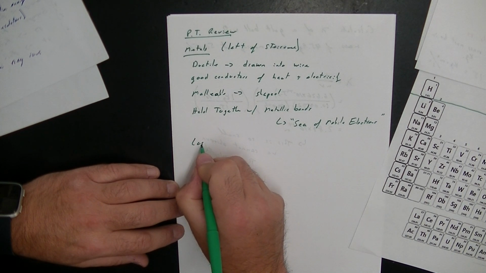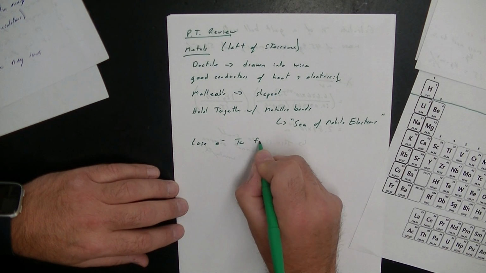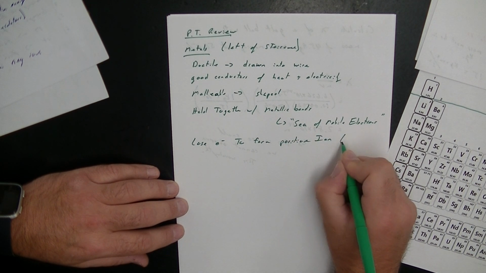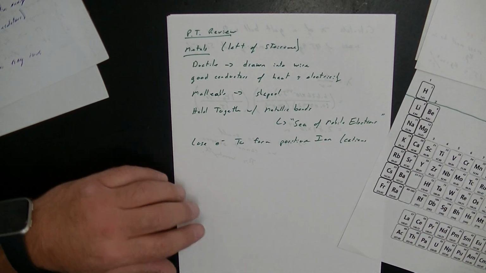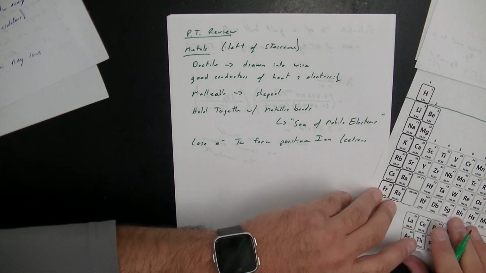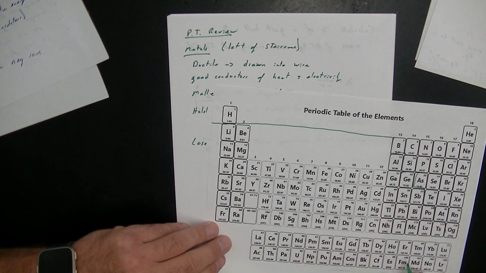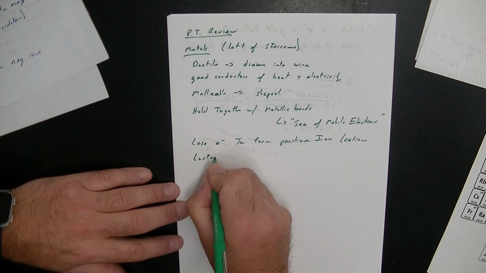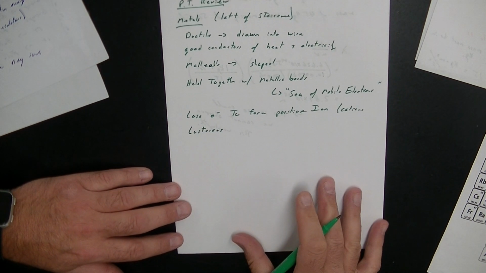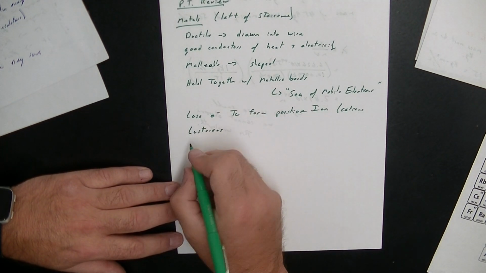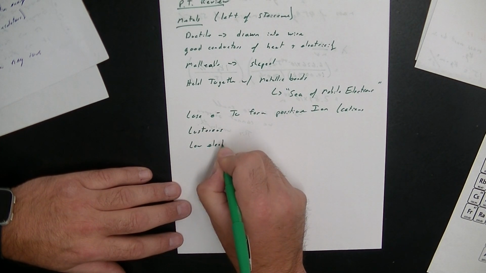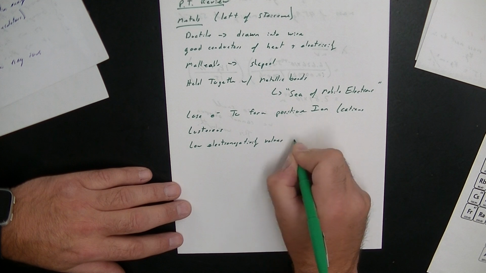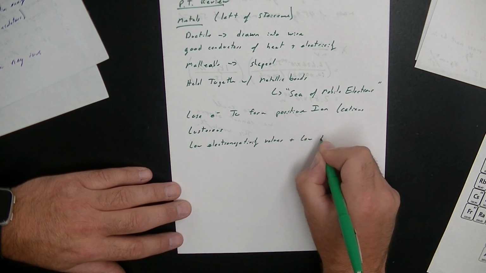They lose electrons to form positive ions, or cations, so all our metals always have positive oxidation numbers. They're lustrous, in other words, shiny. They have low electronegativity values and low ionization energies.